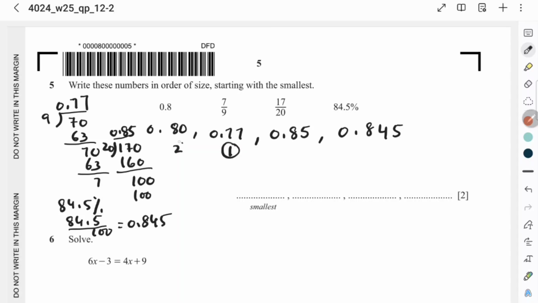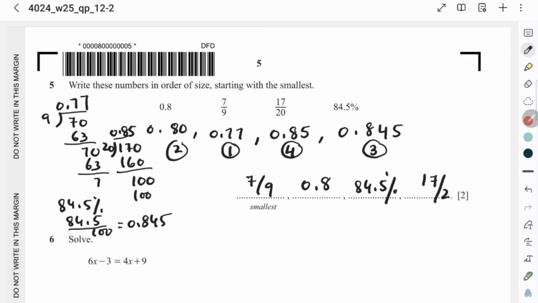Then the next number is 0.80. The third number is 0.84, and the last number will be the largest number, 0.85. But I'll have to write down the numbers as given in the question. So 7/9 is the smallest number, 0.8 will be more than, and 84.5% will come, and then in the last 17/20 is coming. So I hope you understood.